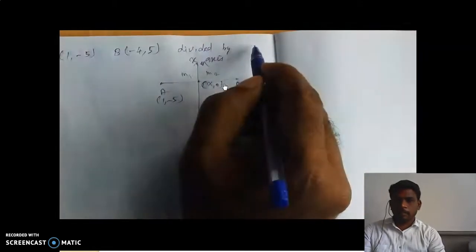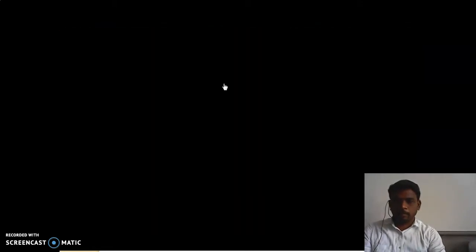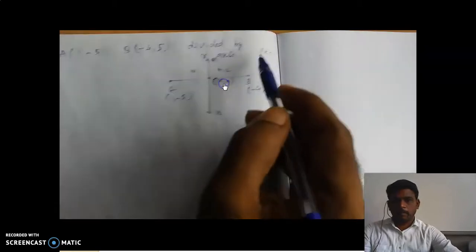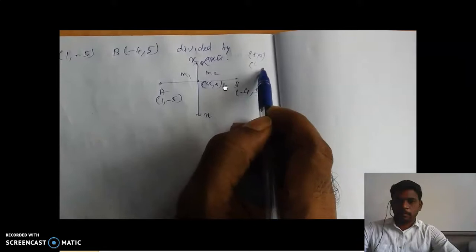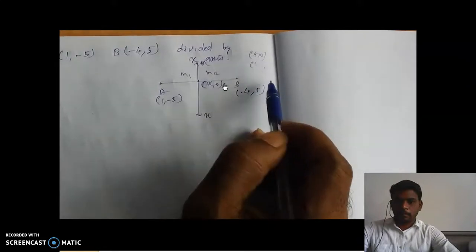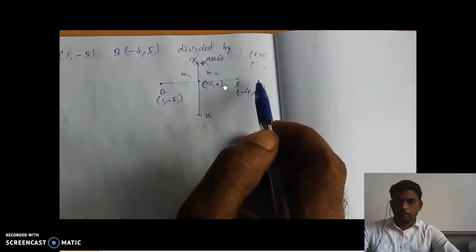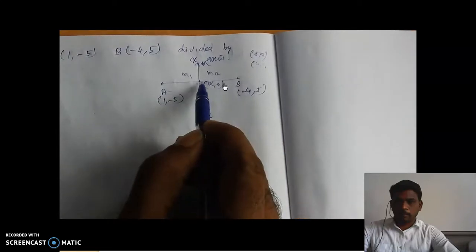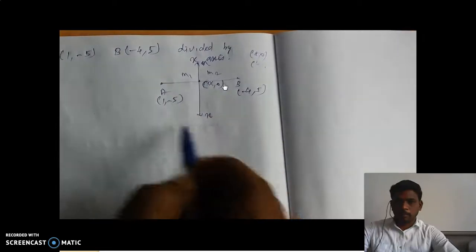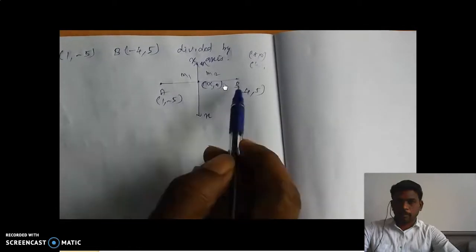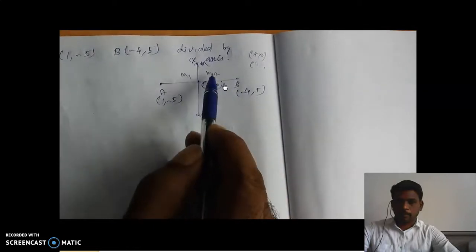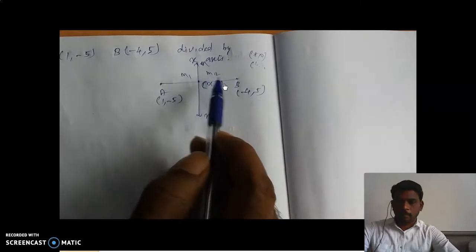For example, 5, 0 lies on the x-axis and 4, 0 also lies on the x-axis. So the y value 0 means definitely it will lie on the x-axis. And here I am taking it generally. So the information here is that x, 0 divides line segment AB in the ratio M1 is to M2. So we are going to find out M1 and M2 only.